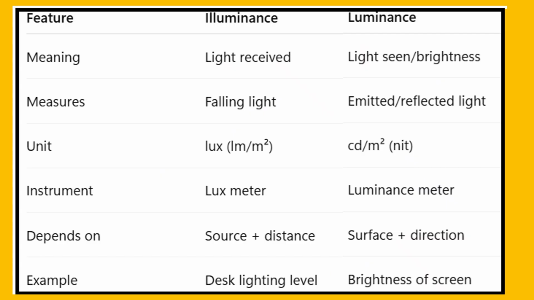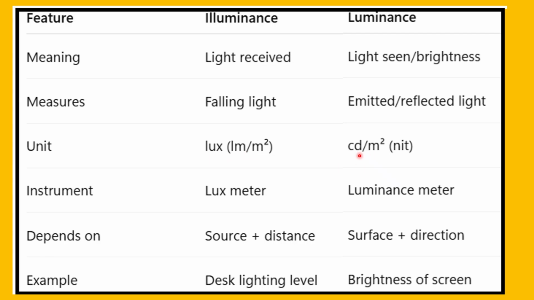Friends, the various features of two definitions, illuminance, that is the lighting level, and luminance, that is the brightness level, are compared. Illuminance measures falling light; luminance measures emitted or reflected light. The unit here is lux, that is lumen per square meter.